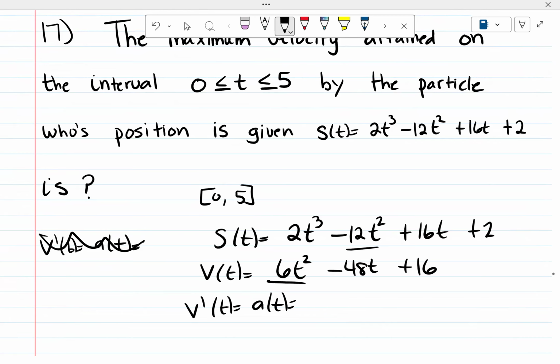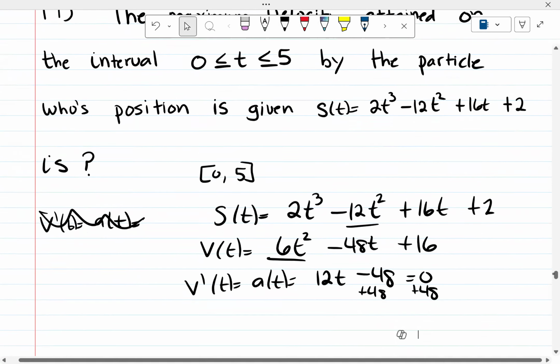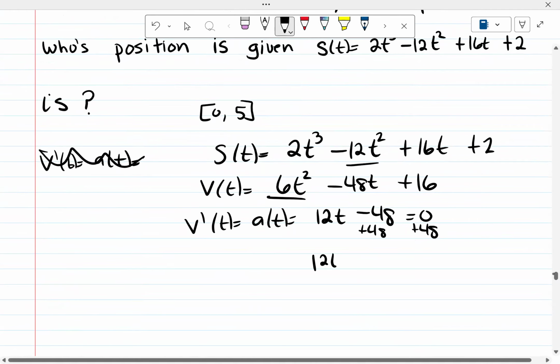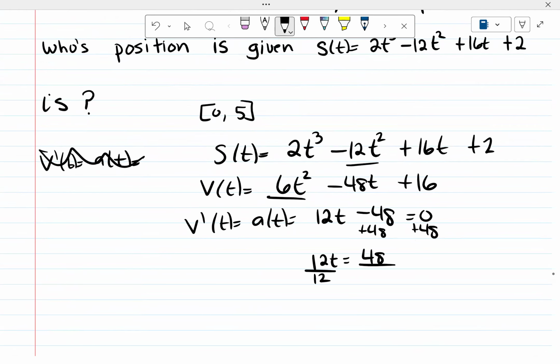So what's the derivative of 6t squared? 12t. What's the derivative of negative 48t? Negative 48. And then you set that to 0 and solve for t, and we get t equals 4.